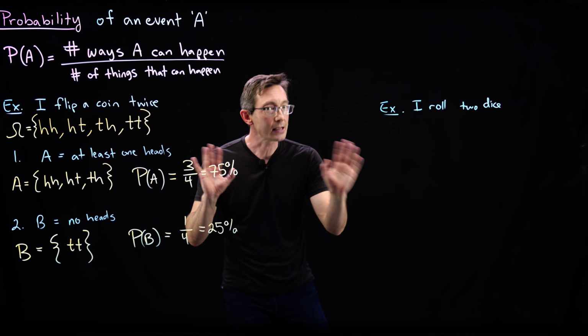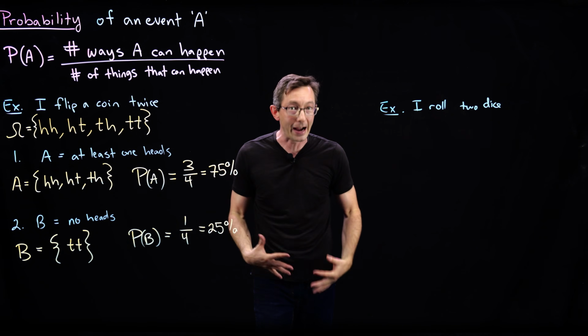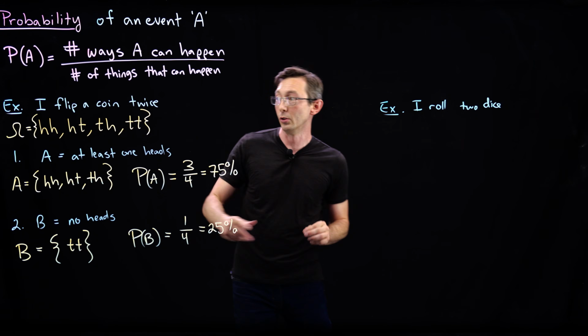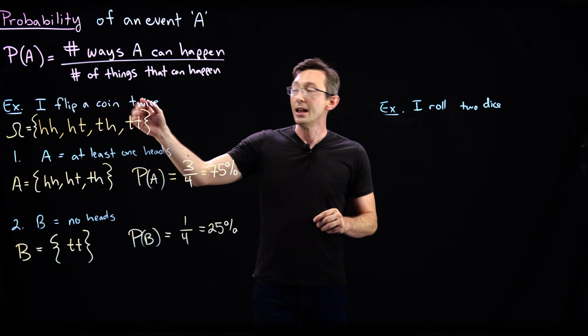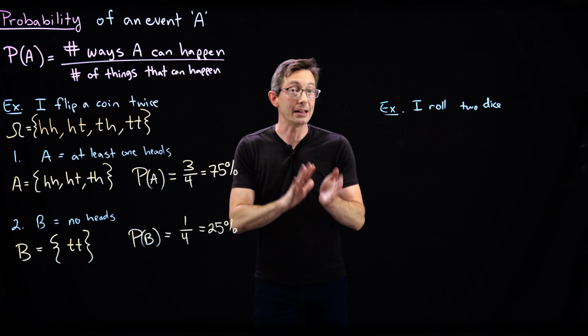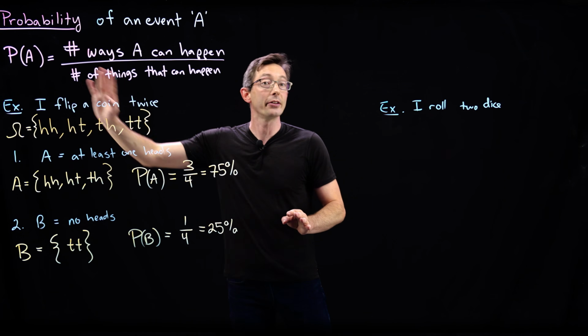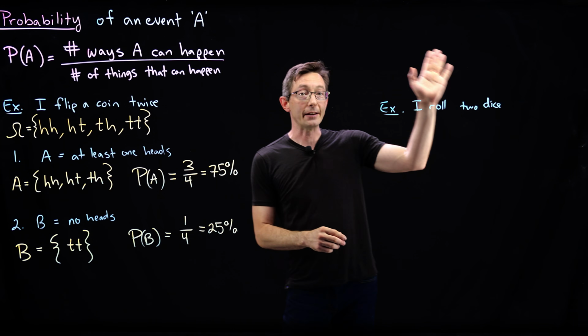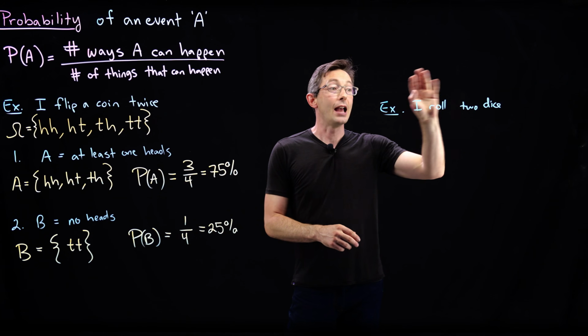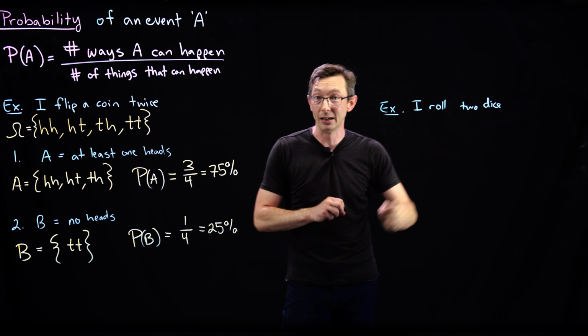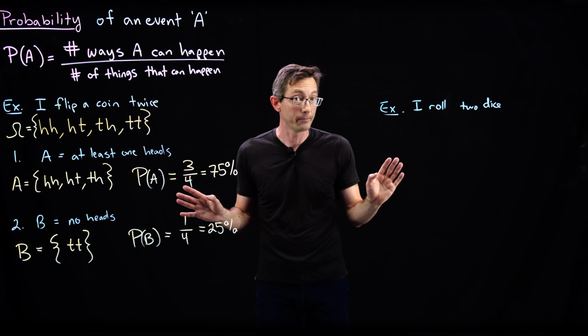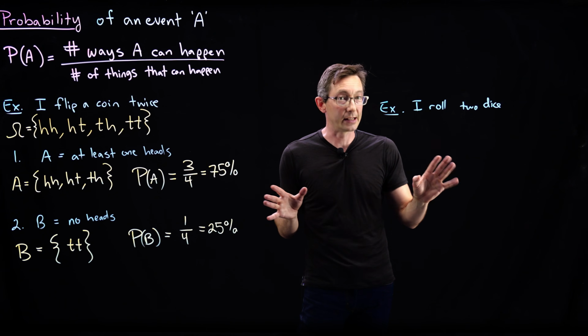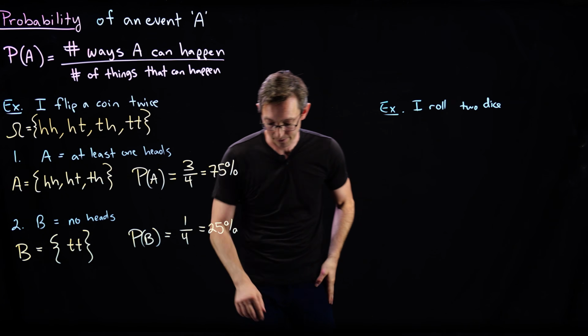Again, I'm making assumptions here, and you need to be defining those assumptions if you want to be really careful. This was a fair coin, and each of these flips was independent, meaning the second flip had nothing to do with the first flip. This is a fair 6-sided dice, and each roll is independent, meaning the 2 dice don't affect each other. Now that isn't always the case, but it's the easiest set of assumptions.